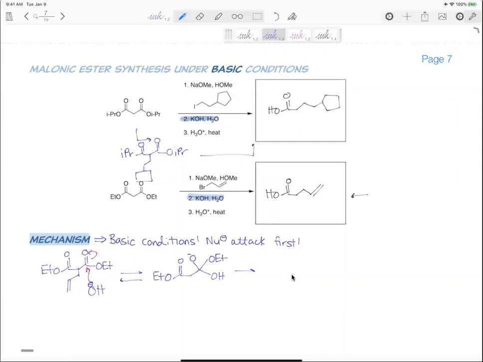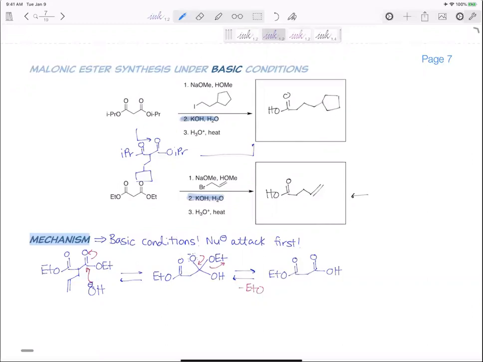Okay. So right now we have an alkoxide and we want to make it a carbonyl again. Who's going to leave here? Who's a good leaving group? Yes, thank you. So an ethoxy group is a good leaving group. And what we have here is OH.